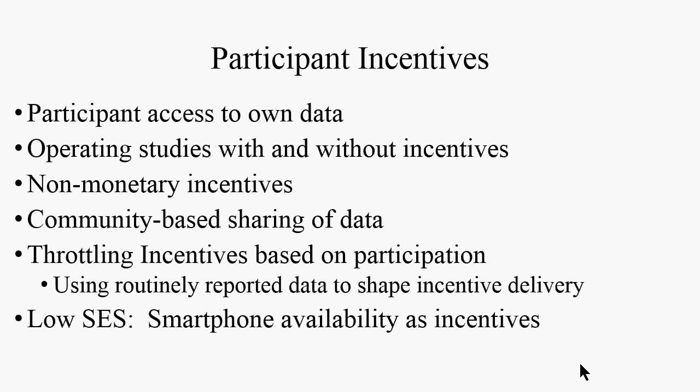In other cases, we operate studies with monetary incentives, incentives that provide a certain amount of money per month. And we've run studies where that amount of money per month ranges up as high as, I think, 70 Canadian dollars per month.